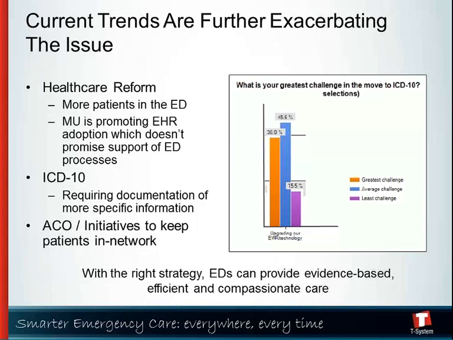I don't know how much exposure you've had to the ICD-10 initiative that's coming along in the future, but there is going to be a requirement for more specific information to be documented in order to be paid. So just an example of that, a fracture of the radius and ulna currently has 27 5-digit codes in the ICD-9 system.